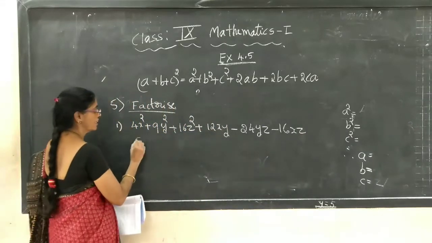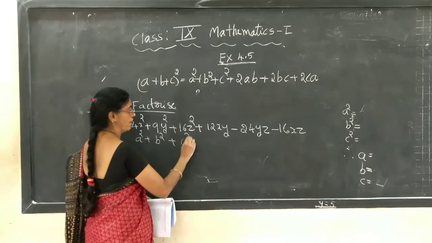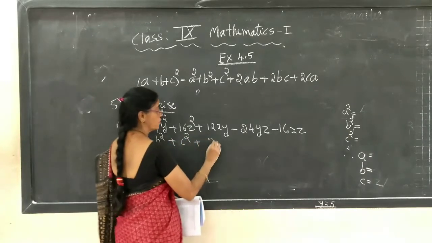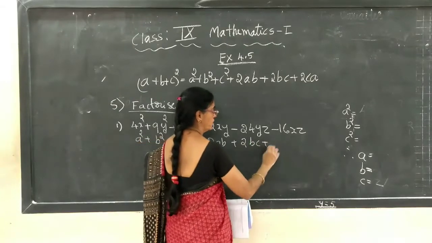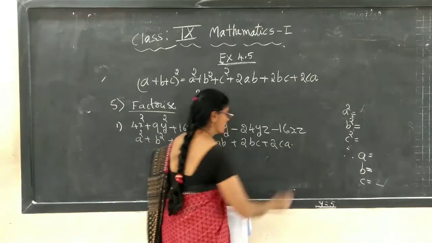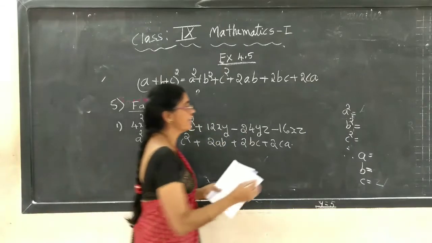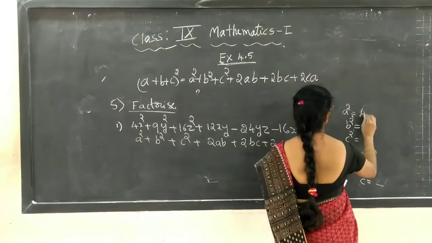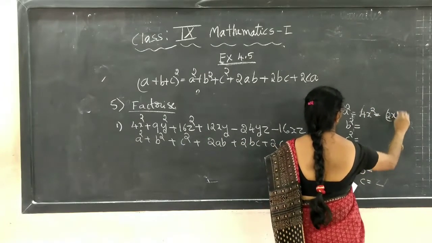Now this is a square plus b square plus c square plus 2ab plus 2bc plus 2ca. This is the pattern. In place of a square, here I have 4x square, so naturally it is 2x whole square.